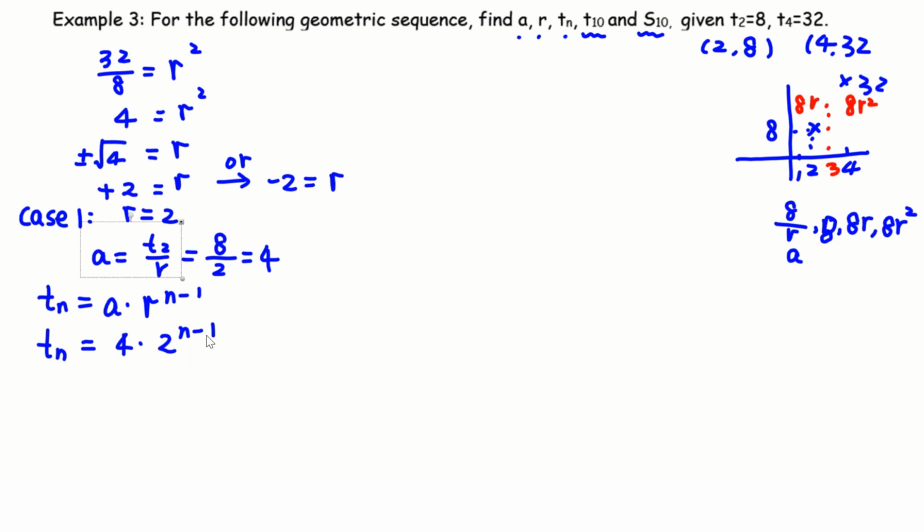So this is the general term formula, and after that we are going to find t sub 10. So we sub n equals 10 into this equation 1.